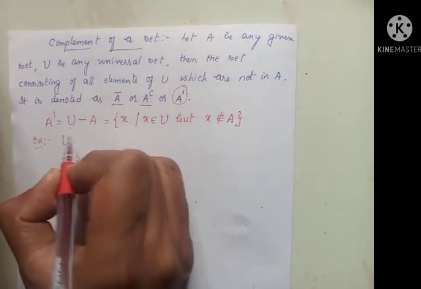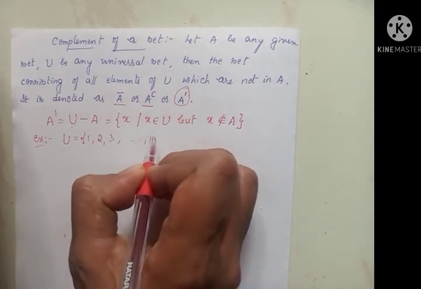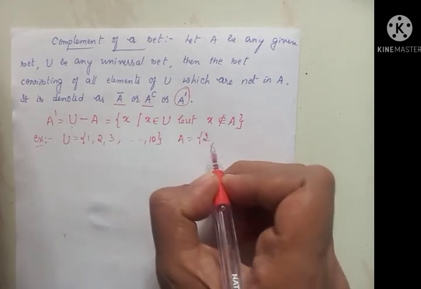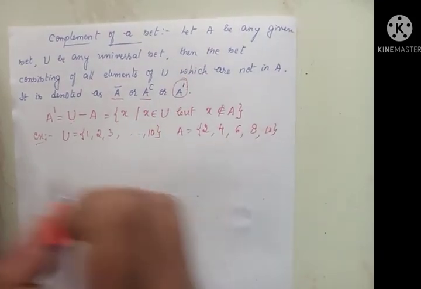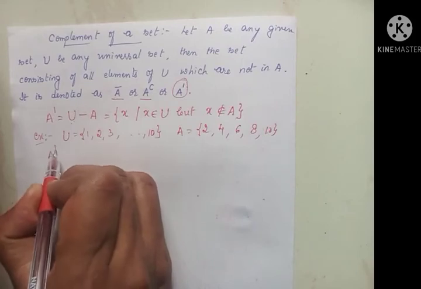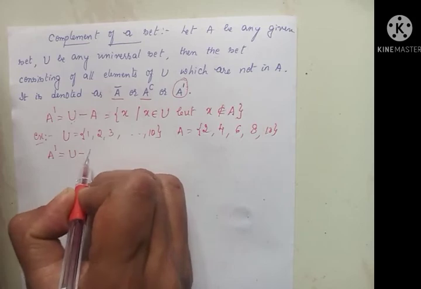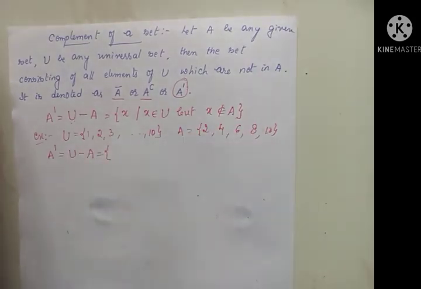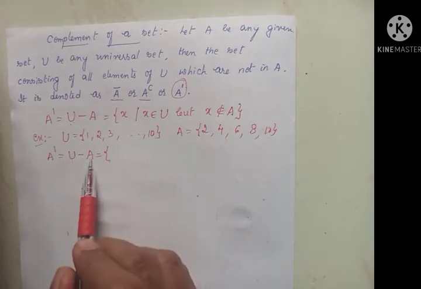I'll take the universal set as 1, 2, 3 up to 10, and A as only even numbers 2, 4, 6, 8, 10. I have to find out the complement, A complement. So A complement is nothing but U minus A. That is the difference of the universal set with the set A here. That means you have to write all the elements of U which are not in A.